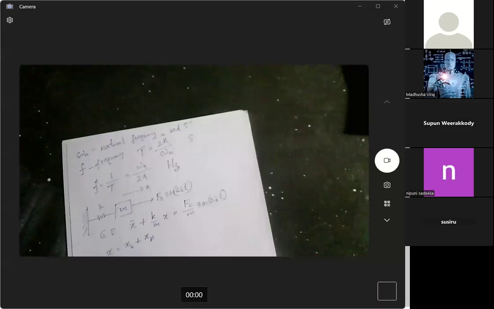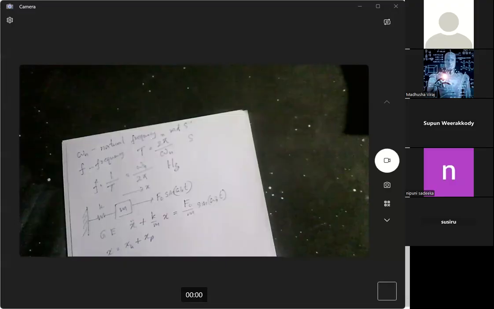Now, what you have to look at here is that the given system is vibrating. That means it is a cyclic system. The solution for the homogeneous part is also a periodic function.